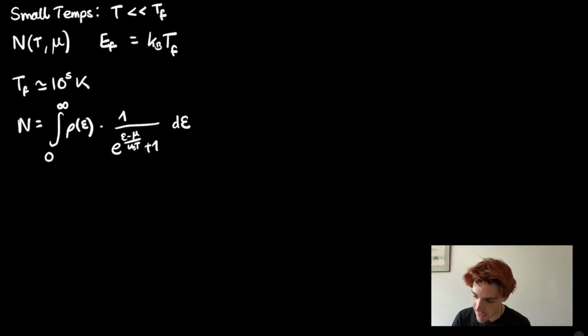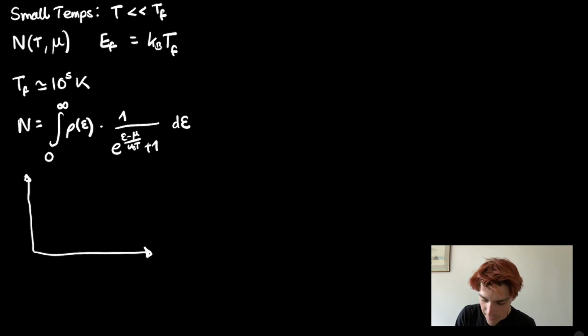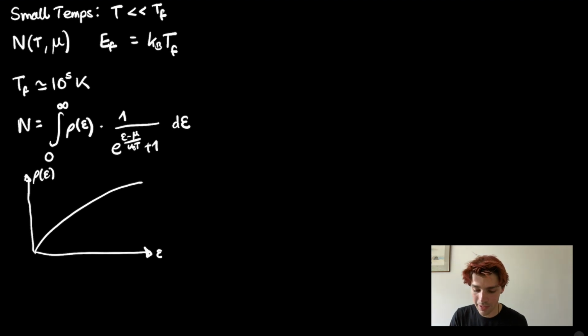So firstly, I'm just going to plot out a couple of graphs. The first one is going to be the graph of the density of states, which we do actually know. We know what this is, graph of density of states against energy, and we know it goes something like a square root function. So we're not really too ambiguous about that.